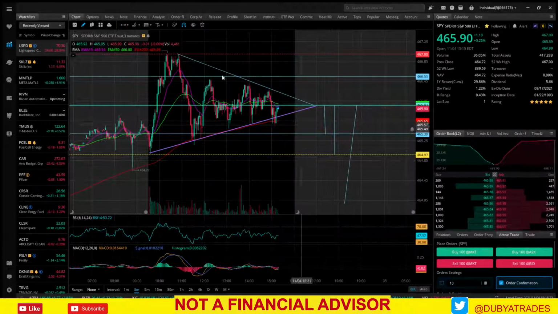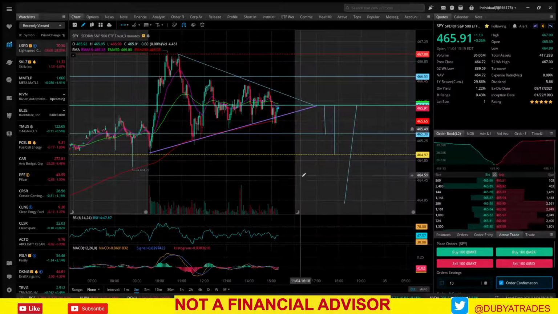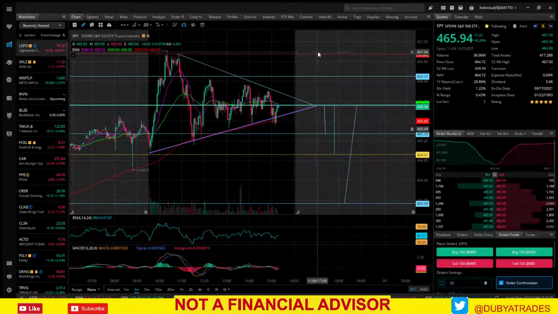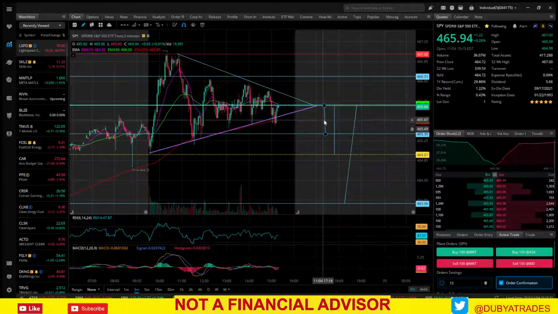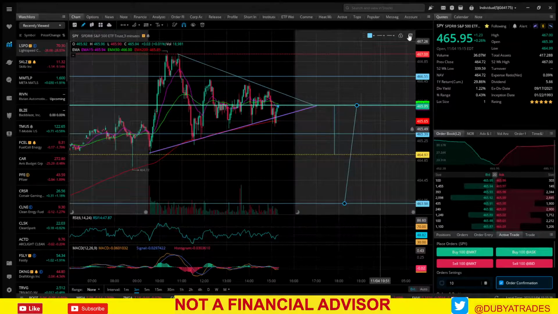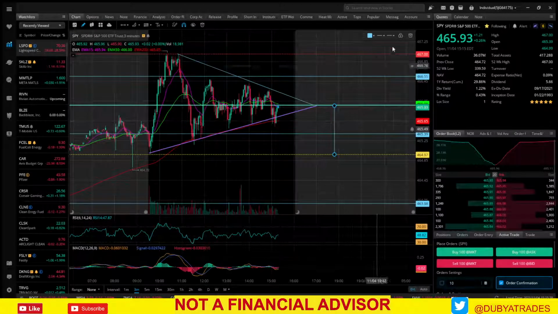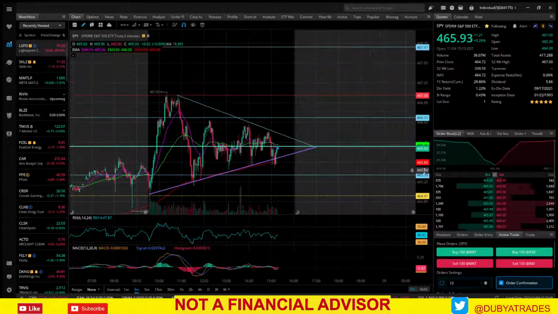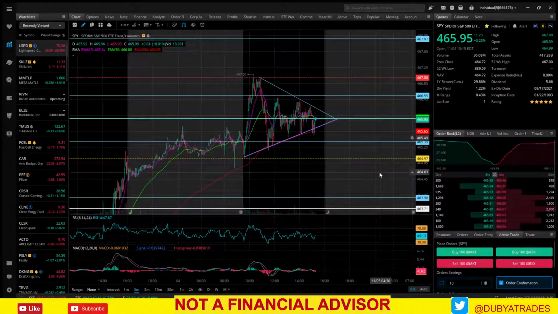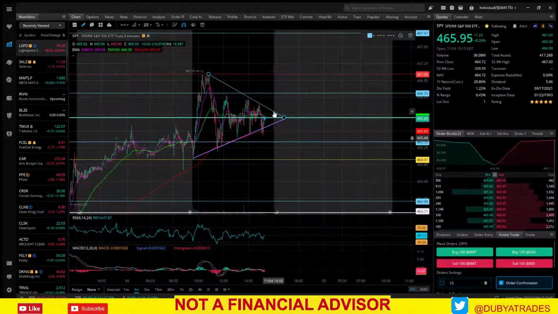Again, we're going to go with that support instead of making a new one for it. It's amazing how those ended up on both supports, right? Now we can get rid of these. And we have our price points for which side it breaks out on.